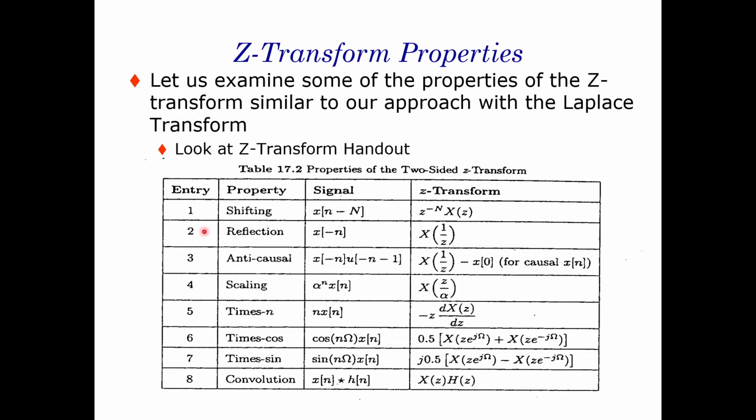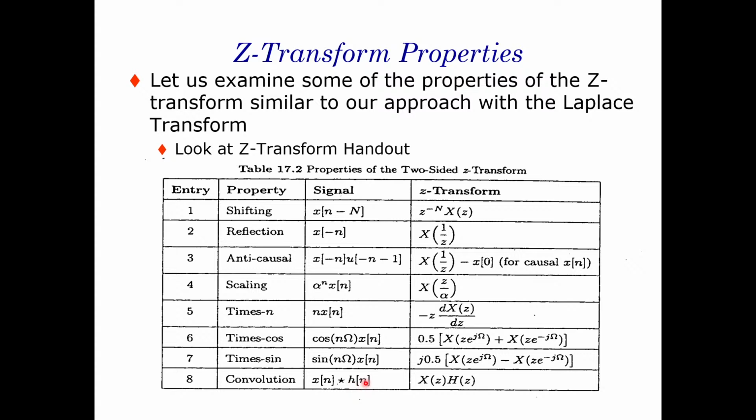In particular, these 8 properties listed here share some similarity with the Laplace transform, but the only properties that are quite important to us are the convolution property, where anything that is convolved in discretized time is a multiplication in the Z domain, and the same holds true in reverse: anything that is convolved in the Z domain is a multiplication back in discretized time.